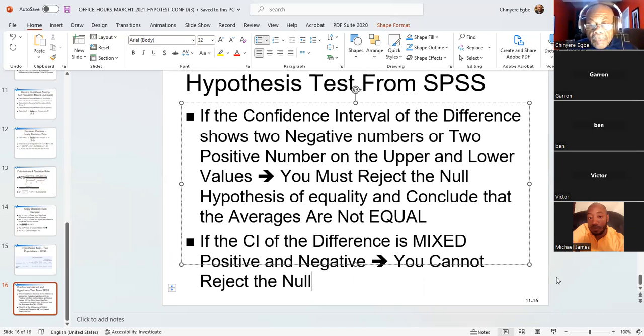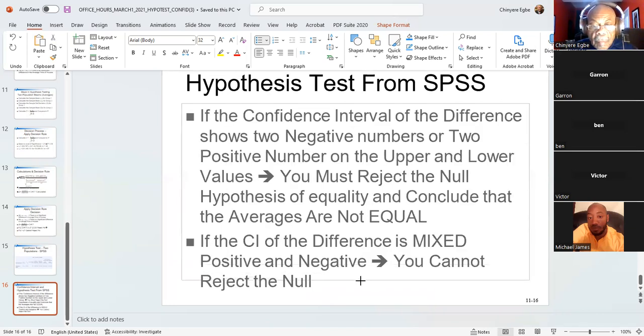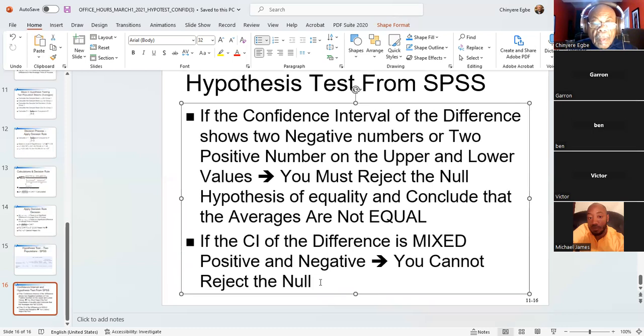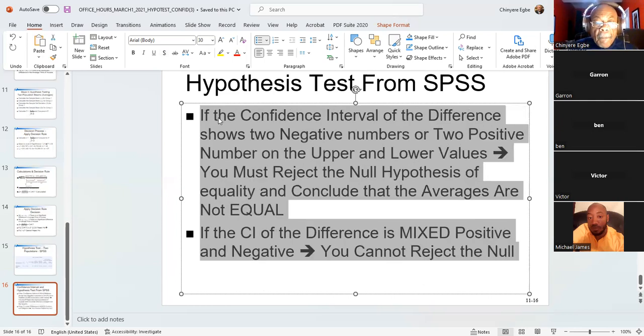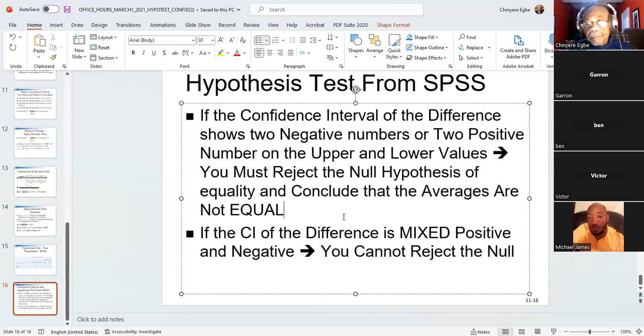All right, I'm going to reduce this a little bit. Okay, so you cannot reject the null. So this means that the averages are equal. So that makes it very simple.